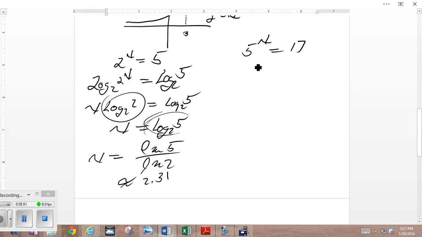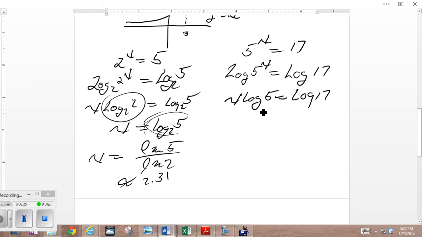So same thing here. Let's say I wanted to find out what x is. I'm going to take the log. Let's just say for sake of argument, I'm going to take the common log. Log base 10 of 5 to the x equals the log of 17. Now I'm just going to use my power rule, make that x times the log of 5 equals the log of 17.